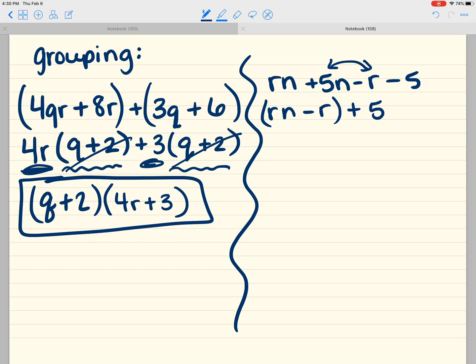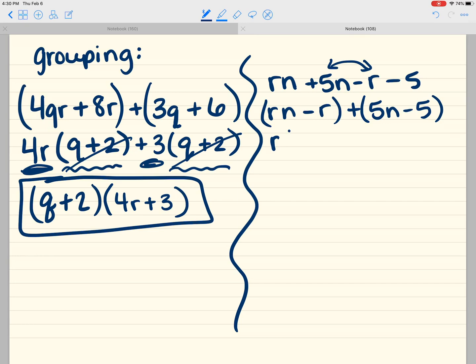So I would group those together, and then I would have 5n and 5 in the same group. Now, you don't always have to do it. It is possible to factor it the way it was, but sometimes it's better to group things together that look similar.